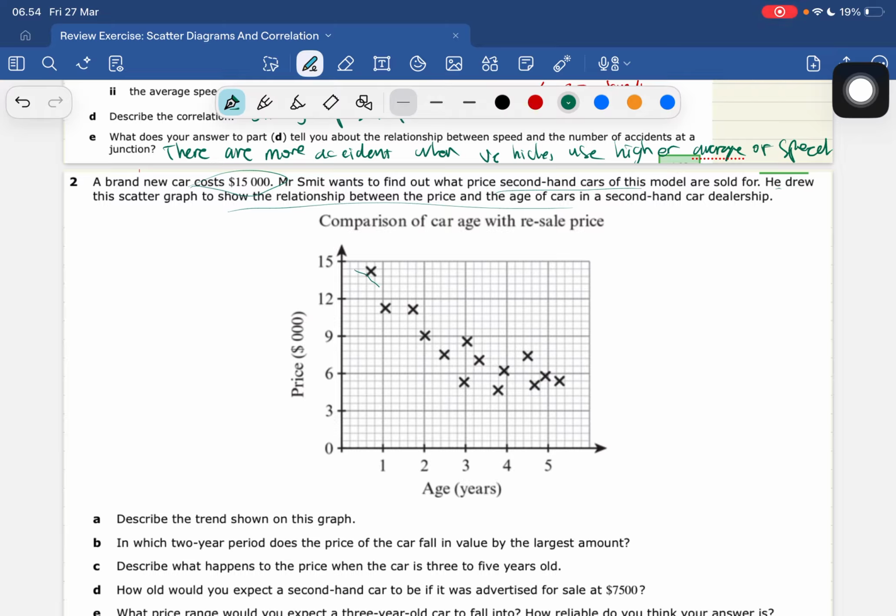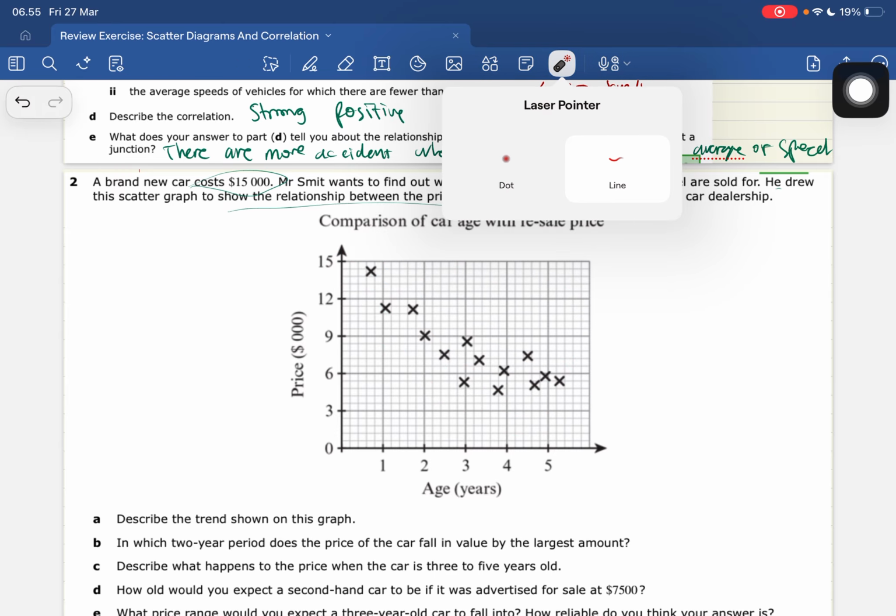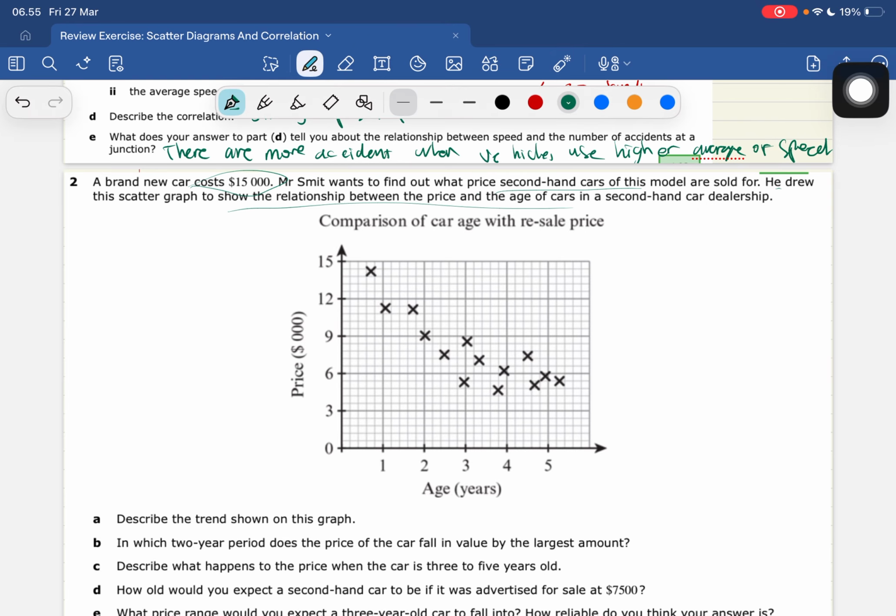As this is going down, you can see here going down. So let me write it: strong negative correlation. Strong correlation at first.